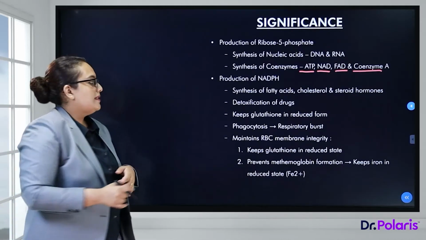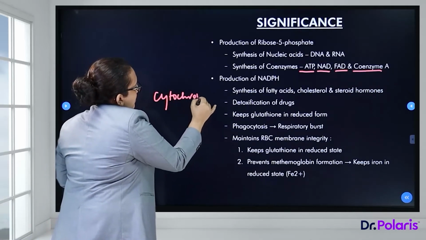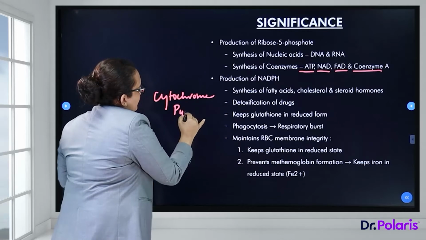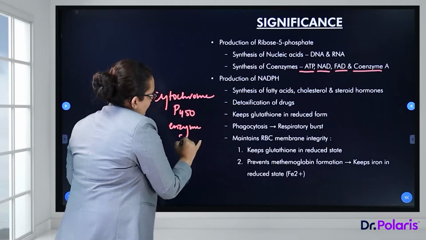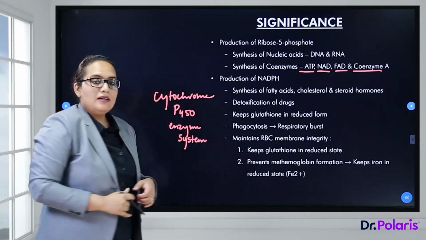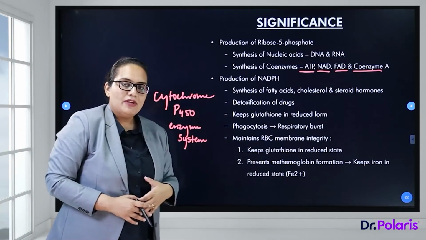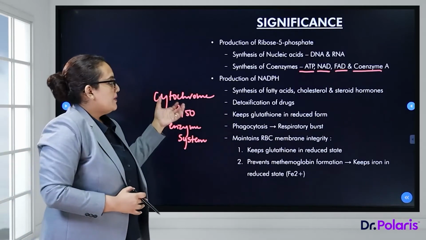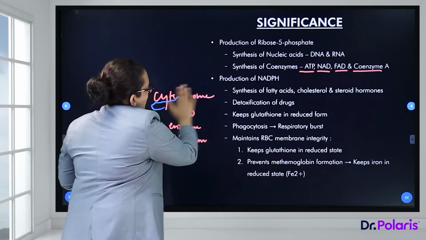There is an enzyme system known as the cytochrome P450 enzyme system present in the microsomes of the liver. This particular enzyme system, which is involved in the detoxification of various drugs, requires NADPH.